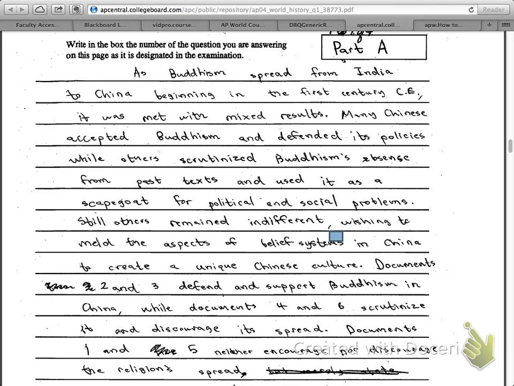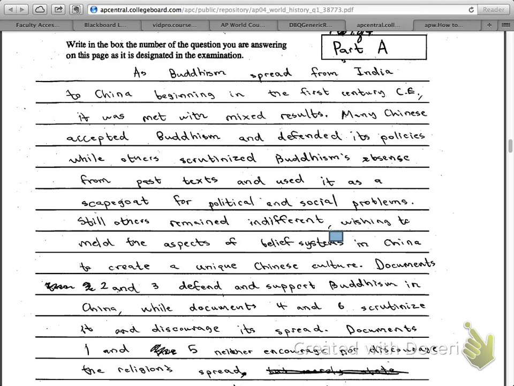As Buddhism spread from India to China beginning in the 1st century CE, it was met with mixed results. Many Chinese accepted Buddhism and defended its policies, while others scrutinized Buddhism's absence from the past texts and used it as a scapegoat for political and social problems. Still others remained indifferent, wishing to meld the aspects of belief systems.